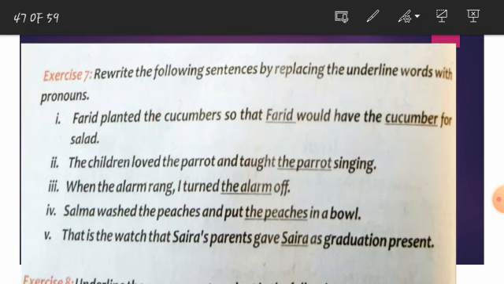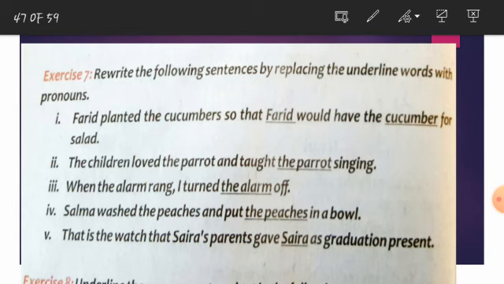For the cucumber, as it is a thing, a vegetable, we will use it. So we will write: so that he would have it for salad.